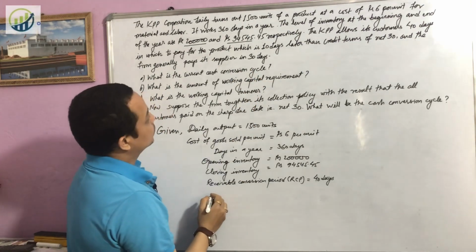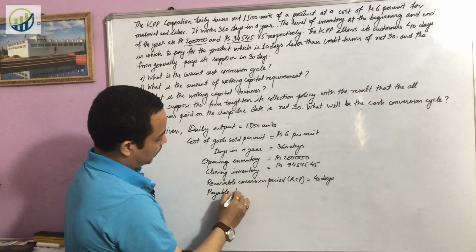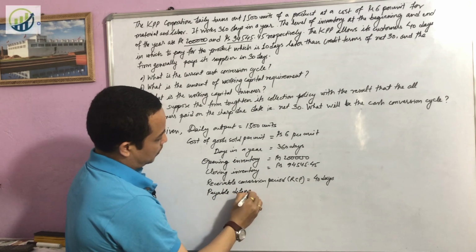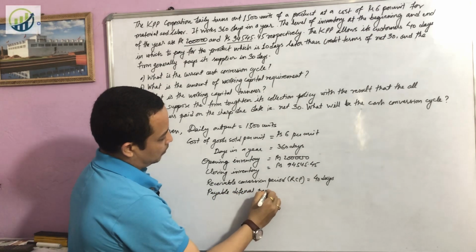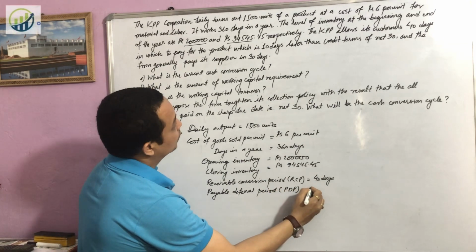So here that is your payable deferral period, PDP, is equal to 30 days.